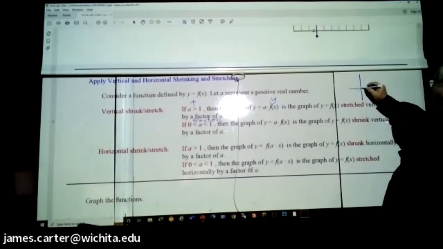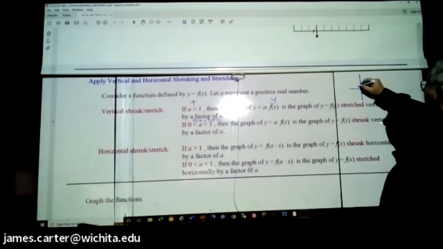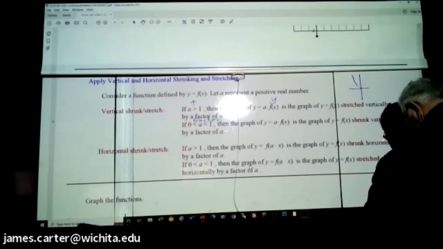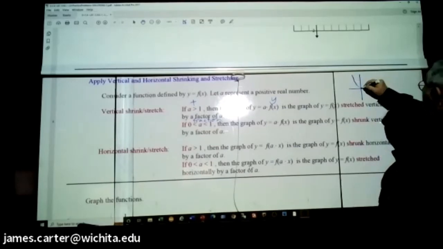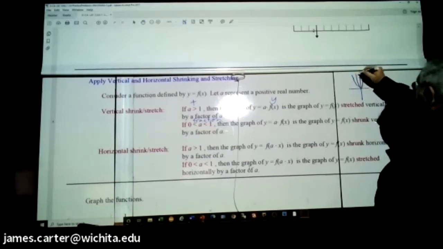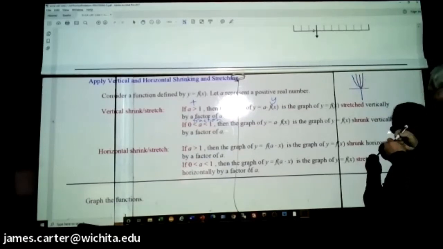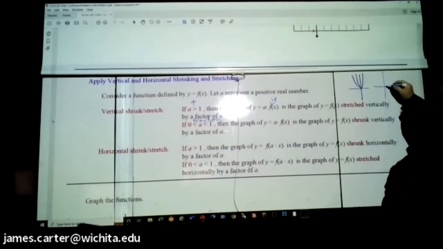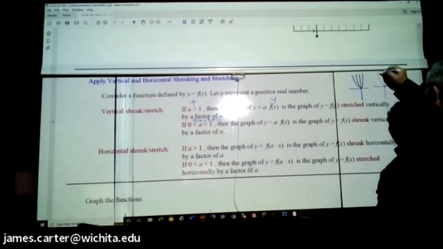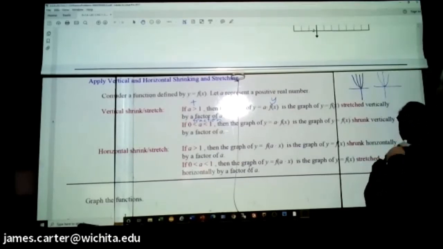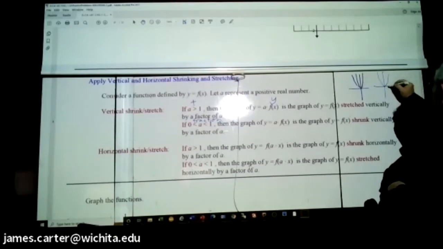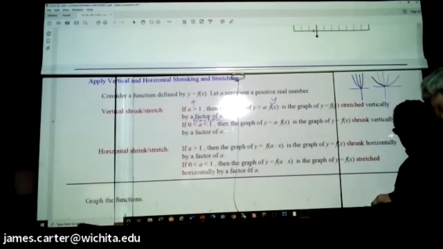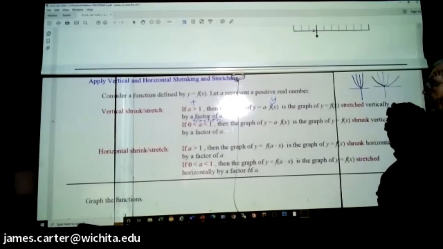Example: this compared to this, or this compared to that, and the vertex is supposed to be right there. Okay, so that's what we're talking about.